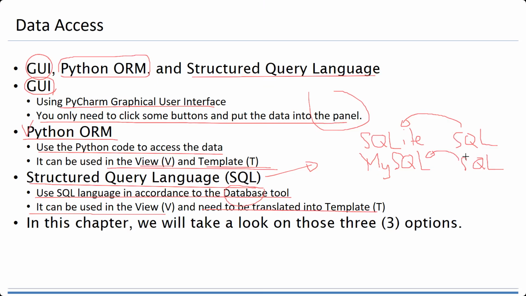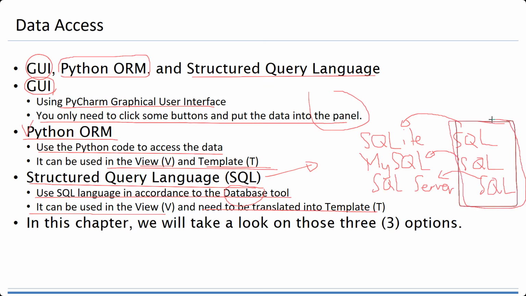Somehow they are similar, not a big difference, but still easy to understand. If you are using SQL Server, the SQL will be a little bit different from the other SQL, but still they are using a similar structure. So we'll take a look at those three options. We will learn how to use GUI, how to use the Python ORM, and how to use the SQL.